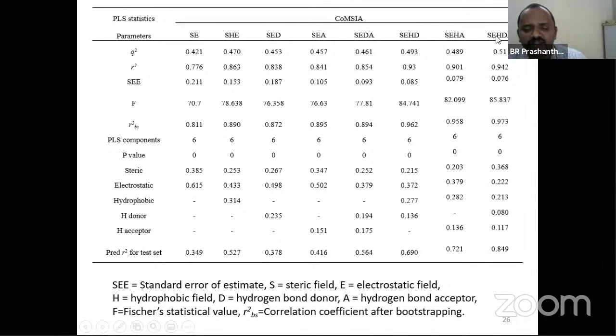But you can see that when all these 5 are taken together, we are finding a better R square value, a better Q square value, and a better bootstrapped correlation coefficient also. So that is why we see that all the 5 parameters together make a better model.